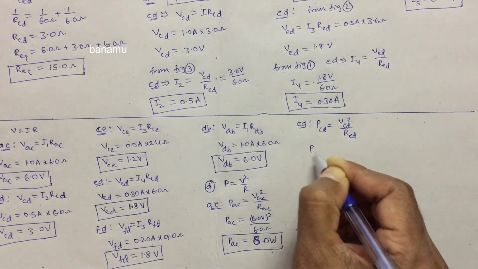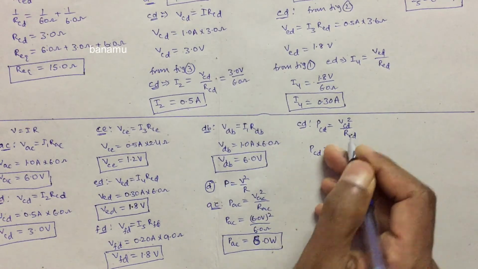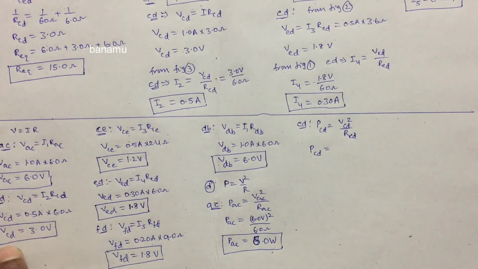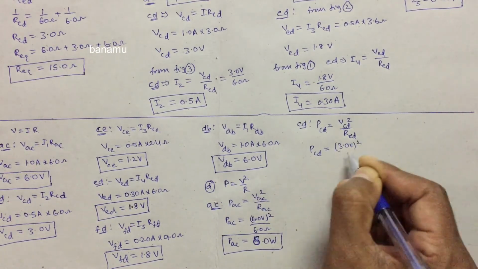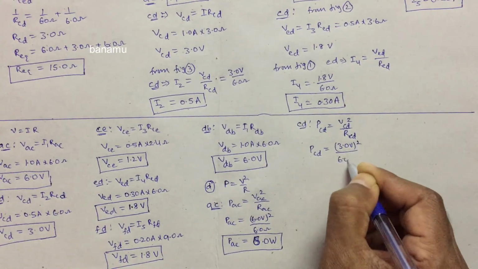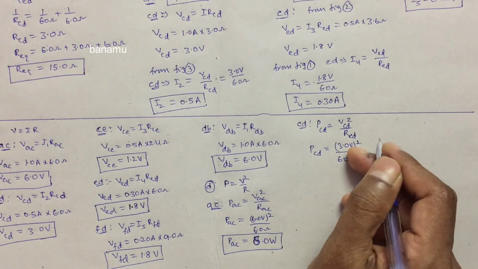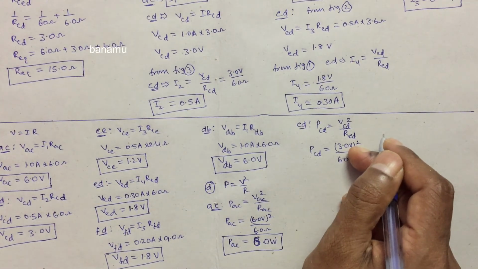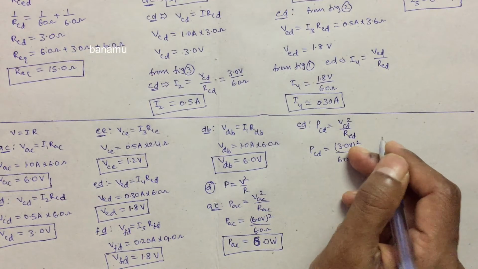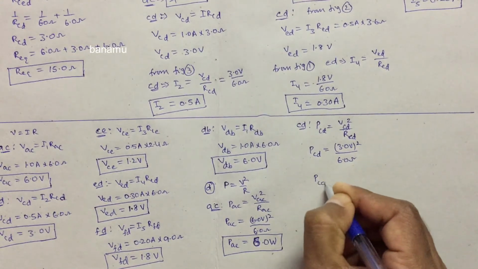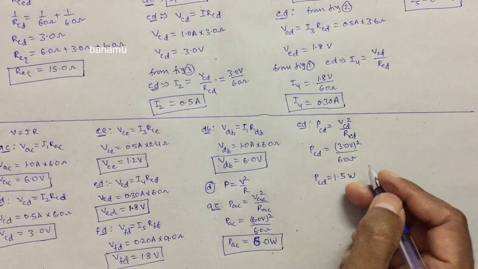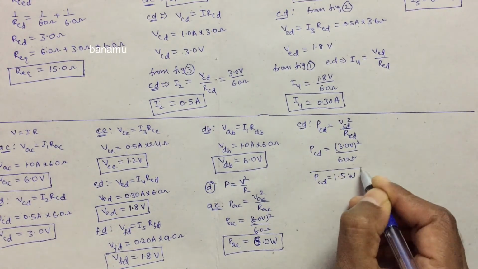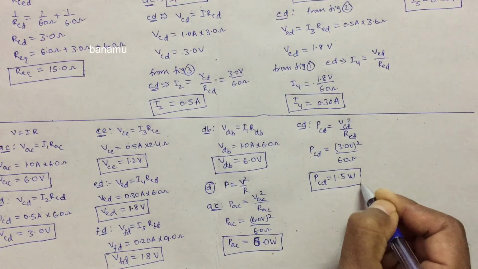So PCD is equal to VCD, 3 volts, whole square by RCD, 6 ohms. So PCD is equal to 1.5 watts. This is the power dissipated in the 6 ohm resistance between the points CD.